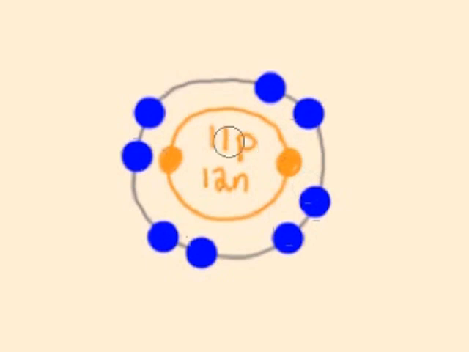Now, this structure has 11 protons but only 10 electrons. And so, normally, this would be the sodium atom, but now it is the sodium cation because it has 1 less electron.